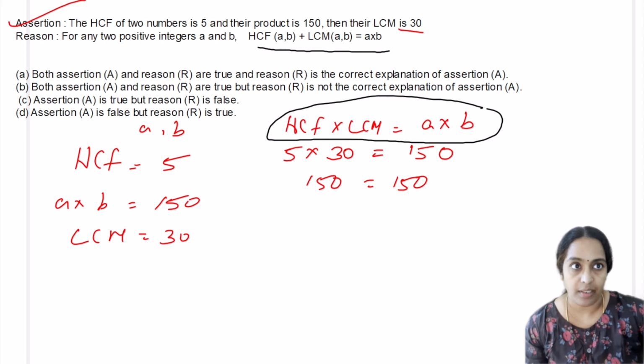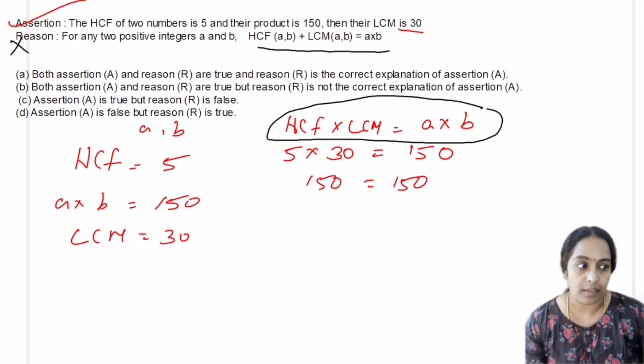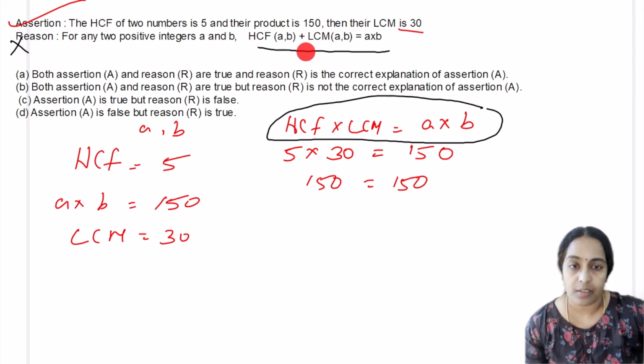So which is definitely a wrong statement. It is not the formula we have. We have product of HCF and LCM equal to product of the two numbers. But there is a plus sign instead of multiplication. So reason is a false statement. Assertion is true, reason is false is option C. Option C is the correct answer. So that's all for assertion reasoning questions today.